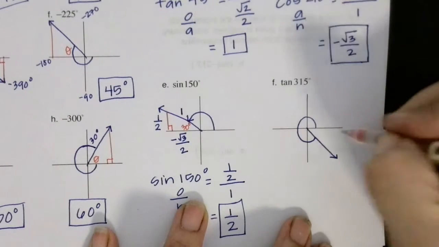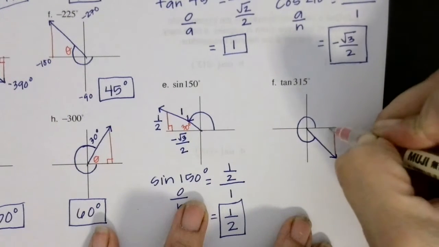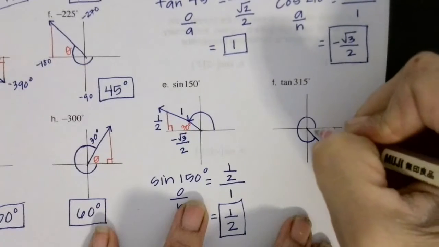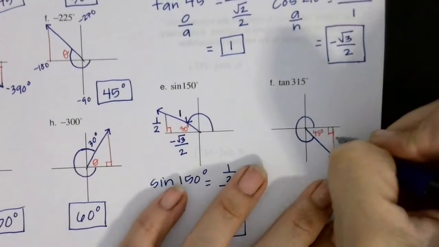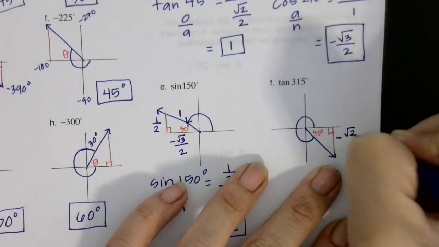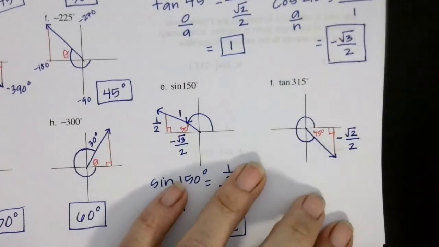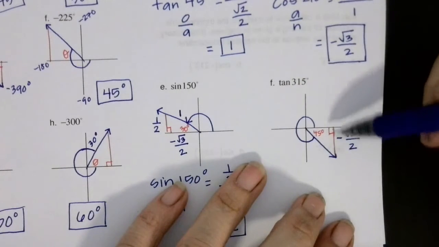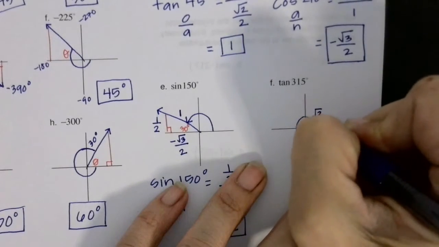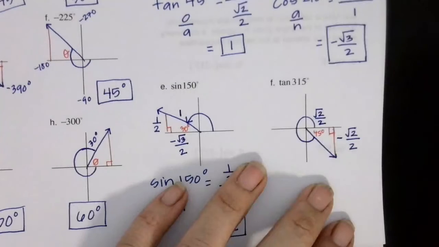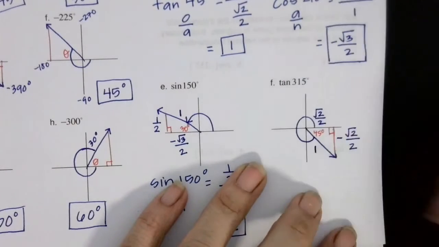So we are going to connect this to the x-axis, and there is our 45-degree reference angle. Opposite 45 in this particular triangle is negative root 2 over 2 because that side is below the x-axis. This one's not negative though because it's the x-axis, so that's positive, and that's 1.